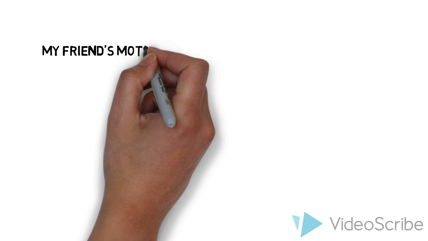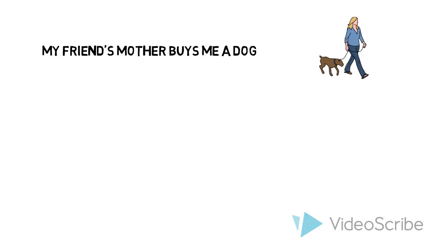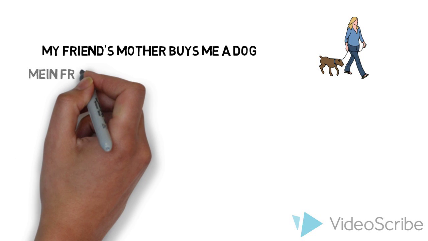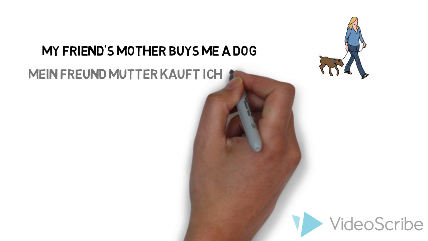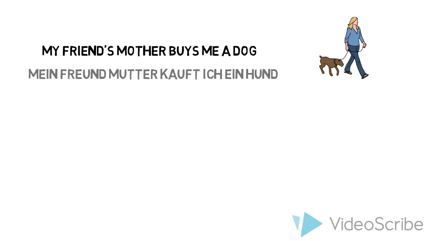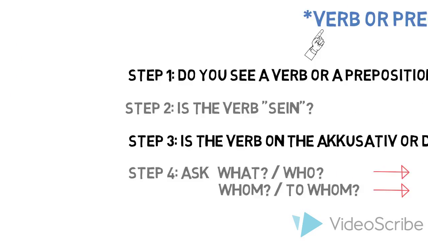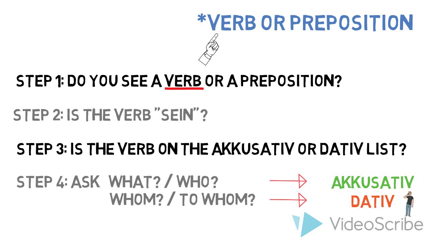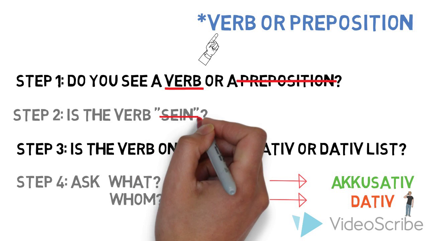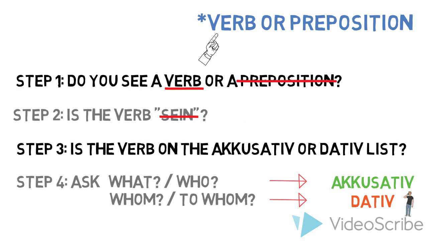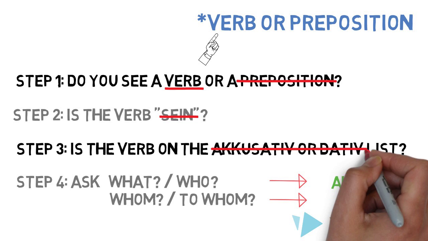So here's an example. My friend's mother buys me a dog. In a literal word-by-word translation we have Mein Freund Mutter kauft ich ein Hund. Here, according to our step list, we have one verb and no preposition. The verb is not sein, it is kaufen, and this verb is not inside of any of the lists.